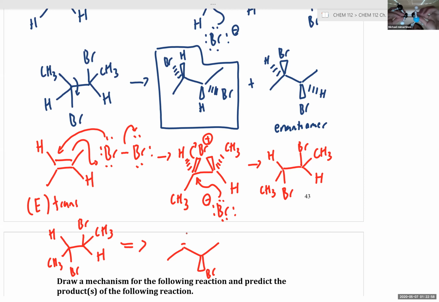Okay, so we started off with our trans addition product. We then rotated our molecule and we note whether the halogen is pointing towards or away from us. One of our bromines is pointing towards us. The other bromine is pointing away from us.